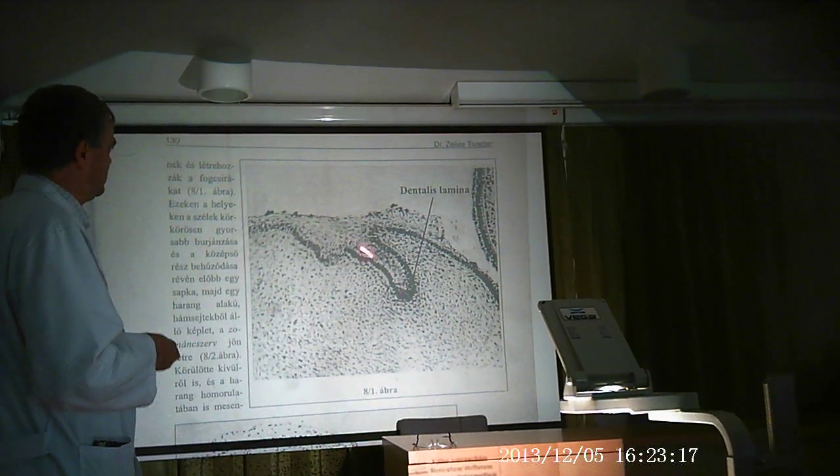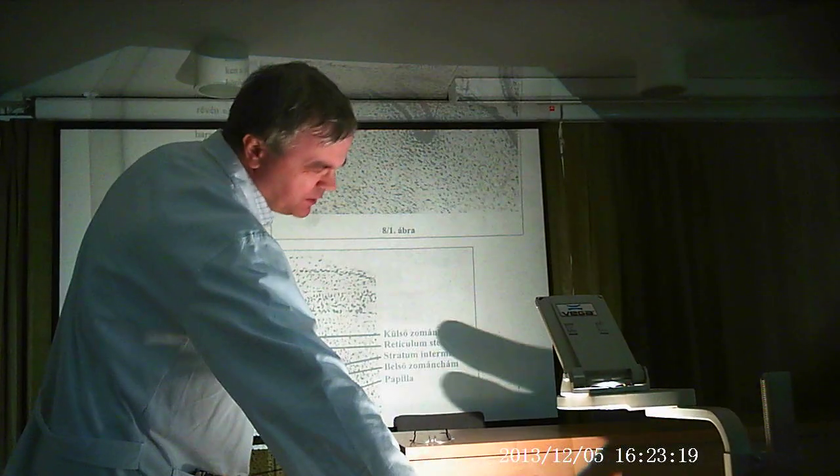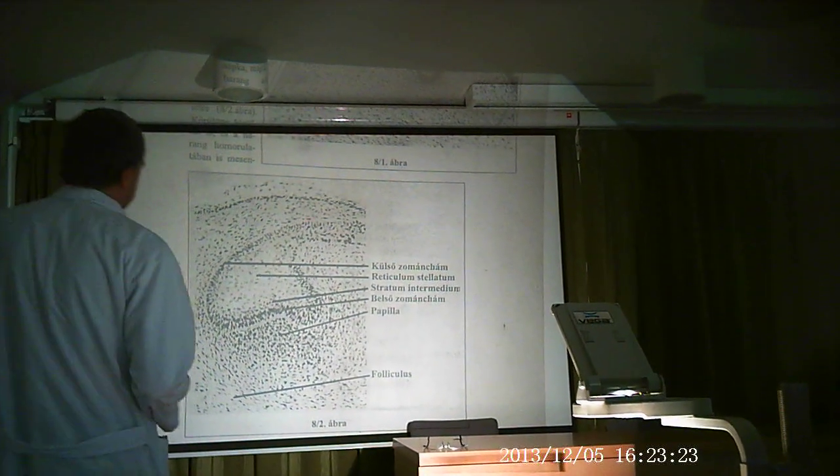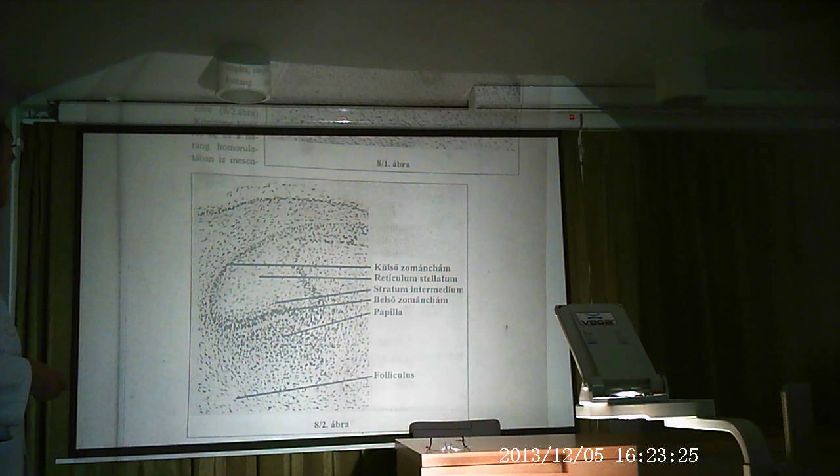The ectodermal origin lamina, and there will be 10 upper and 10 lower buds.